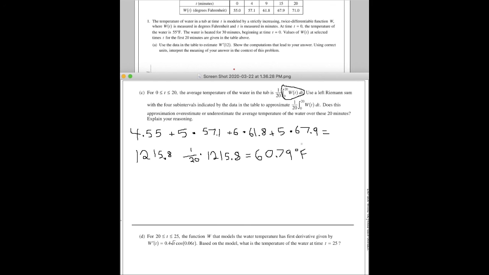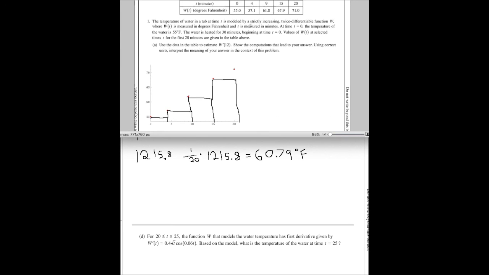Explain your reasoning. So the thing to keep in mind about this one is that it's strictly increasing. So it's always going up. And you can probably see from my graph right here that this is definitely an underestimation, because I have all this empty space in here.